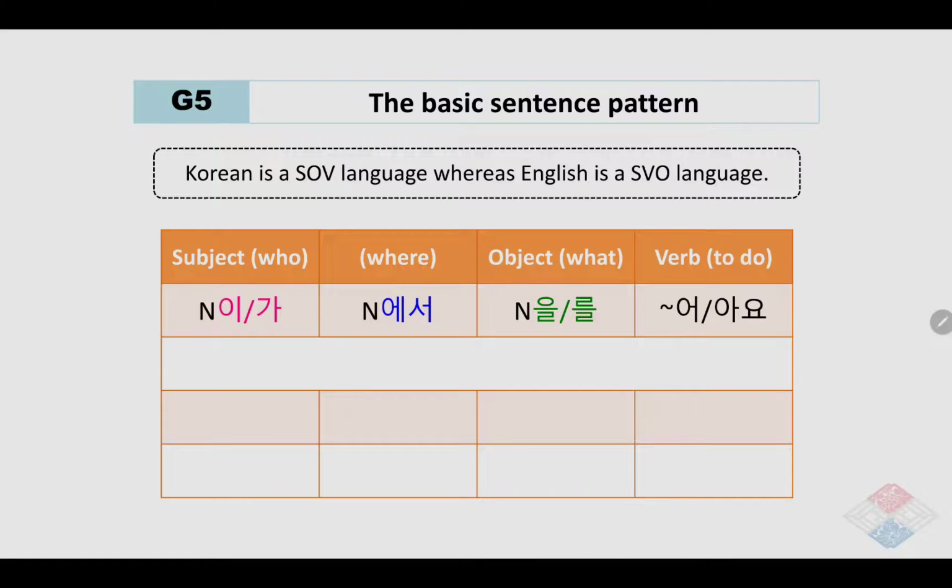And another basic sentence pattern is that you have to remember that Korean is an SOV language. Okay?